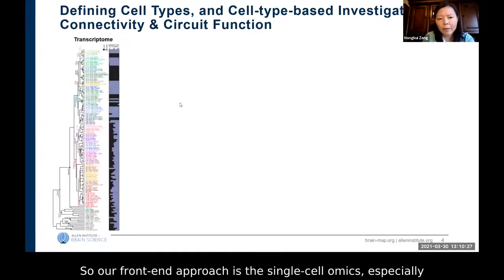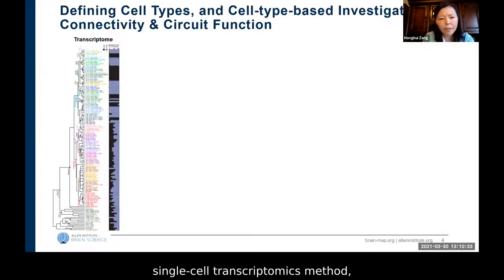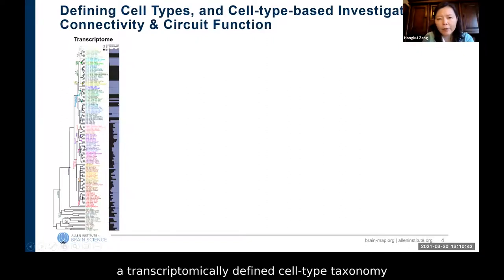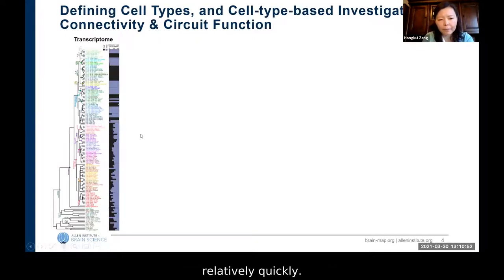Our front end approach is single cell omics, especially single cell transcriptomics methods, in which we can profile hundreds of thousands to millions of individual cells and generate a transcriptomically defined cell type taxonomy for a particular region or even at a brain-wide scale relatively quickly.